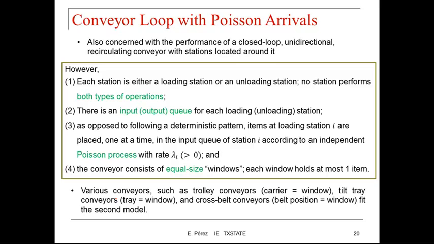There is an input-output queue for each loading or unloading station, and as opposed to following a deterministic pattern, items at loading station i are placed one at a time in the input queue of station i according to an independent Poisson process with rate lambda i.